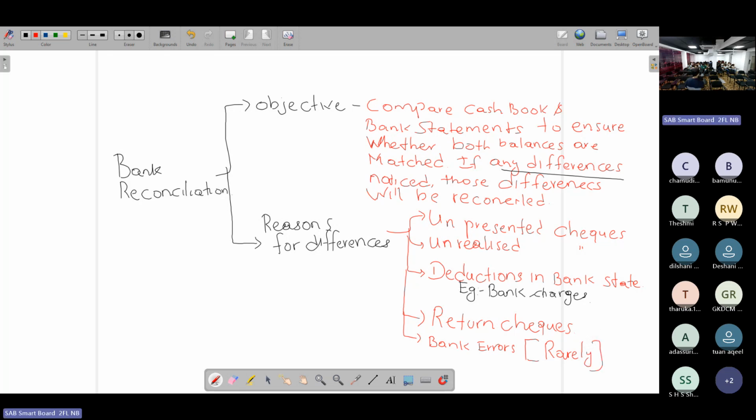Okay, so these are the reasons for differences. These two are not errors. Unpresented and unrealized are not errors. These are called timing differences.